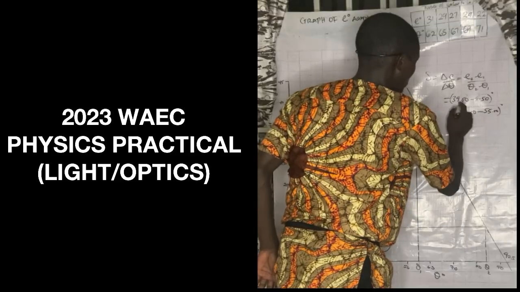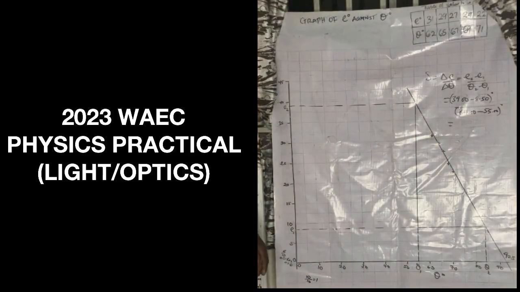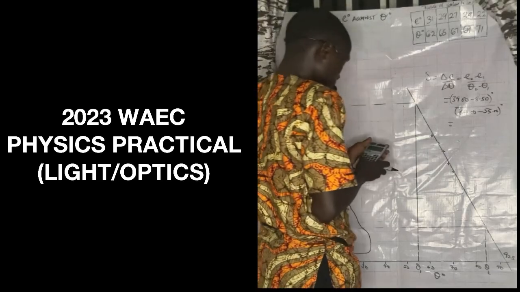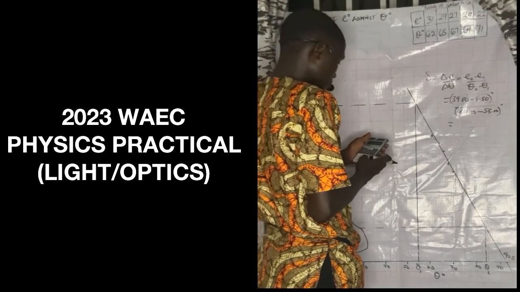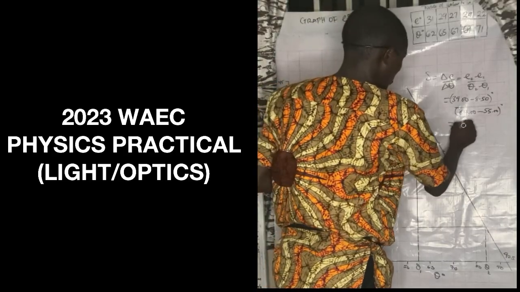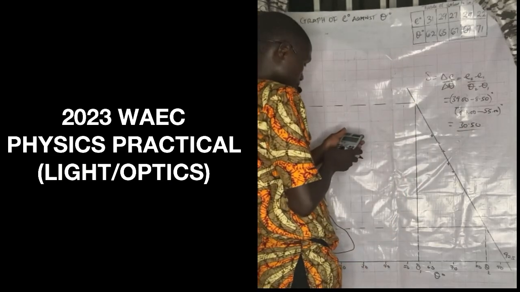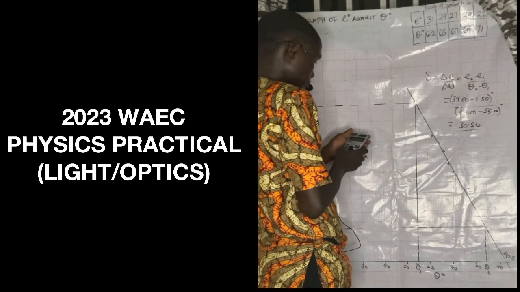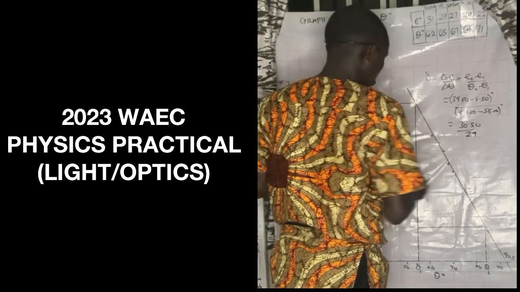So let me use my calculator. 39 minus 8.50 gives us 30.50 over 84 minus 55, that is 29.